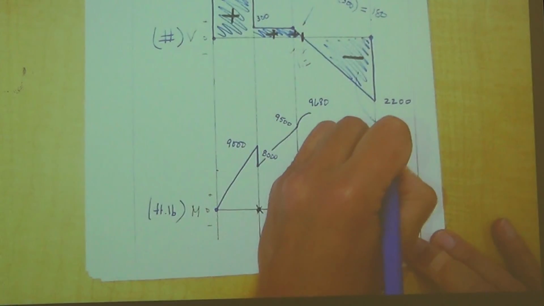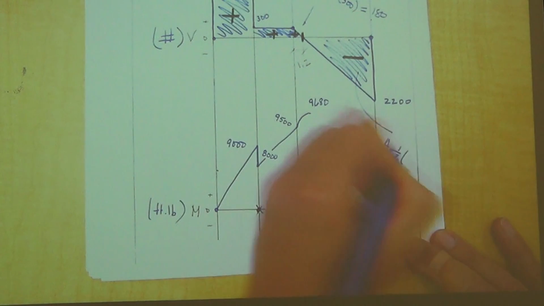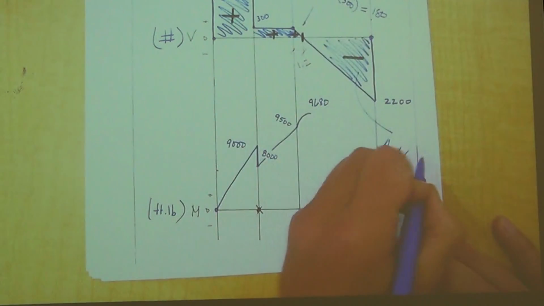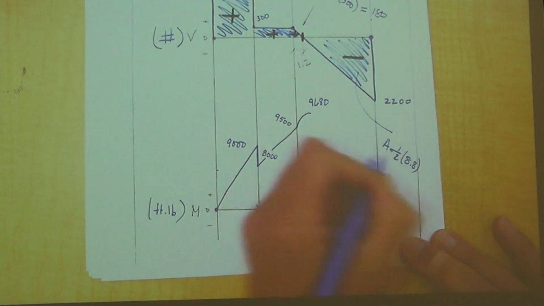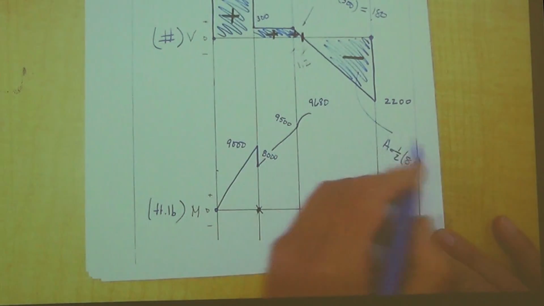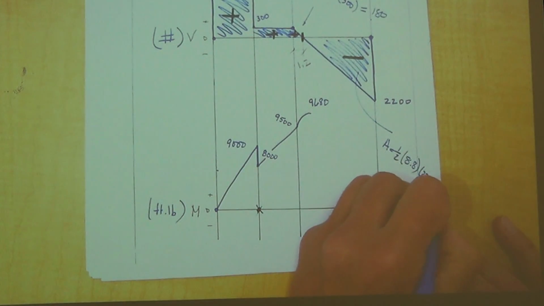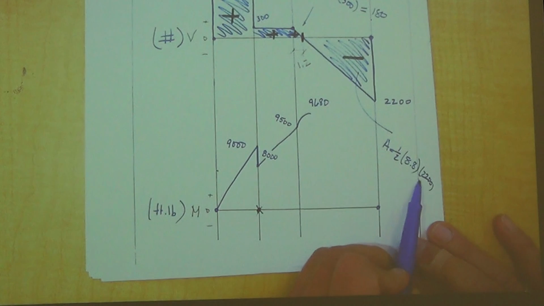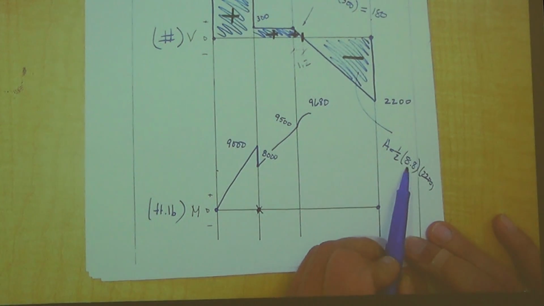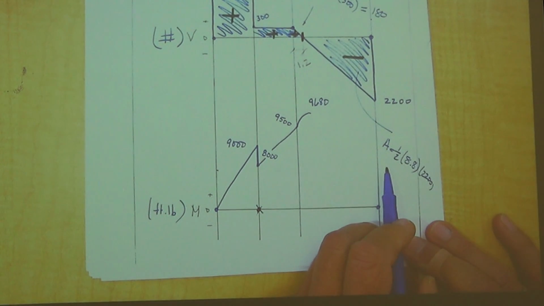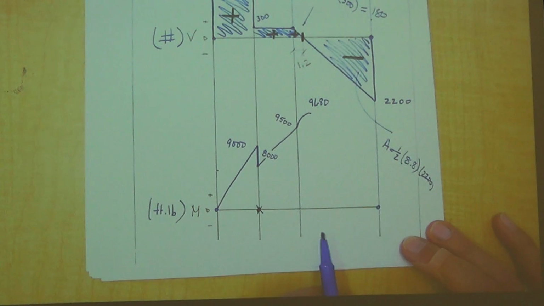Right. And then let's figure out this area here. Isak, the area is equal to 1/2, what's the base? 8.8, right? Times the height, which is 2,200. So that's 1,100 times 8.8, which is 9,680. How do you know that without doing the math? It should close, right?